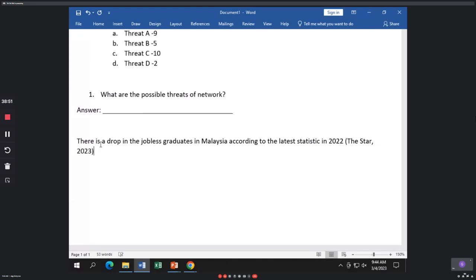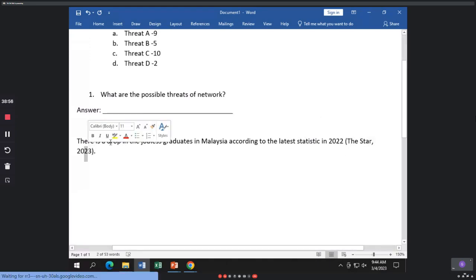This is called citation. You have to tell us where you get this statement from. You said there is a drop in the jobless graduates. So you are supporting it. You get it from this article.